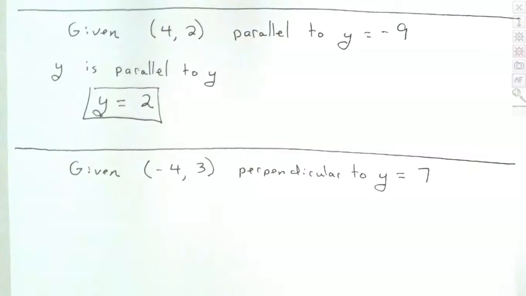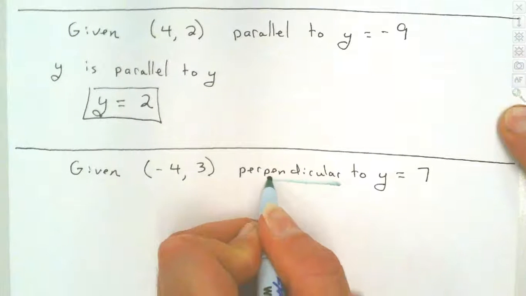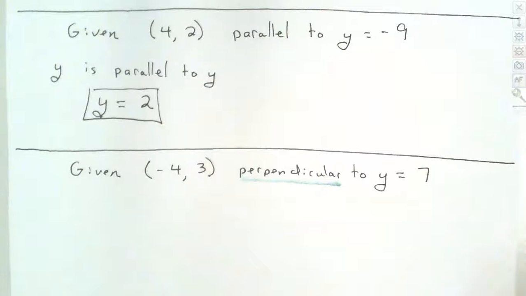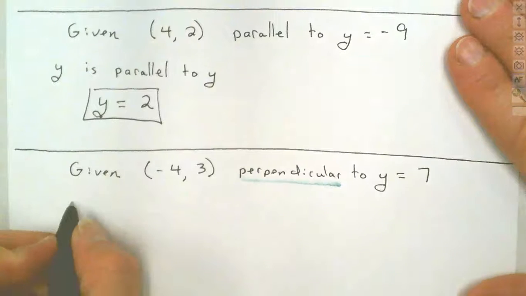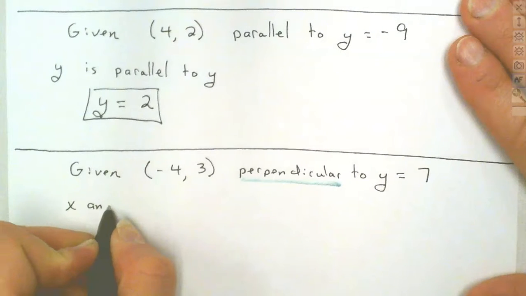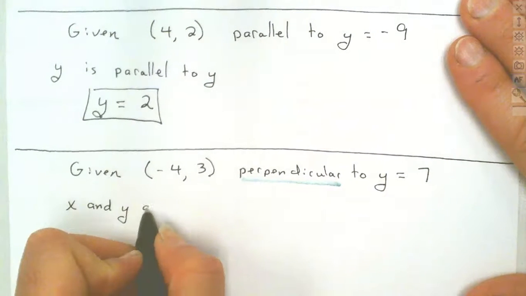This one's a little bit different. This one is perpendicular. Y is parallel to y, x is parallel to x, and what about x and y? Well, they look like this, so they're perpendicular to each other. So x and y are perpendicular.